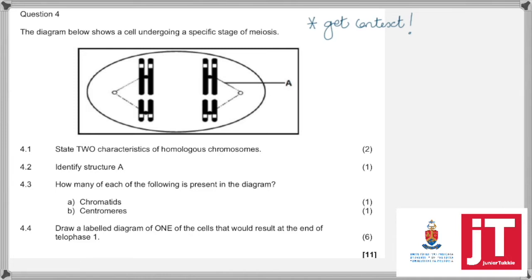I tell my students this all the time: before you look at the questions, look at the diagram that you are given first. In this case, it tells us the diagram below shows a cell undergoing a specific stage of meiosis. So we know the process here is meiosis. If we look carefully, we can see replicated chromosomes, homologous chromosomes, being pulled to opposite poles of the cell.